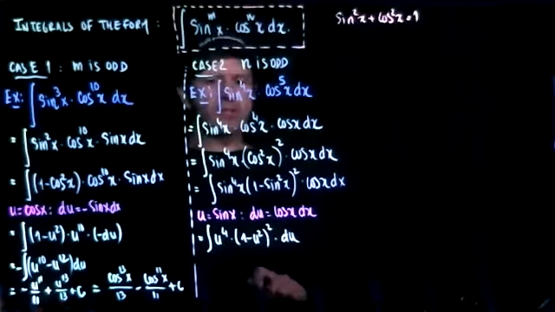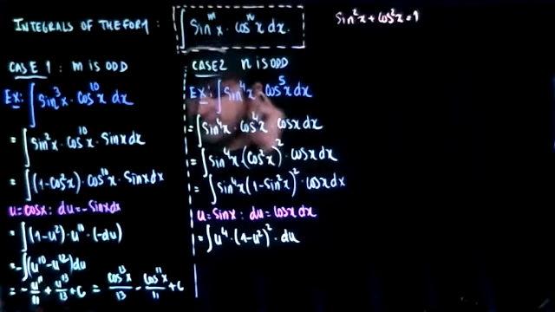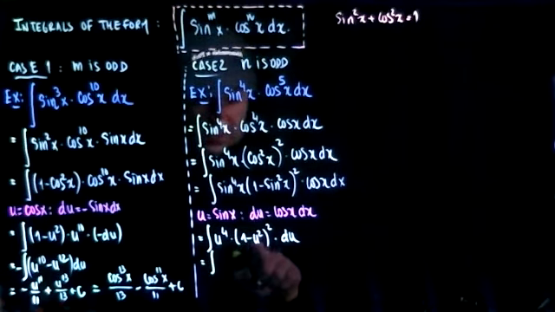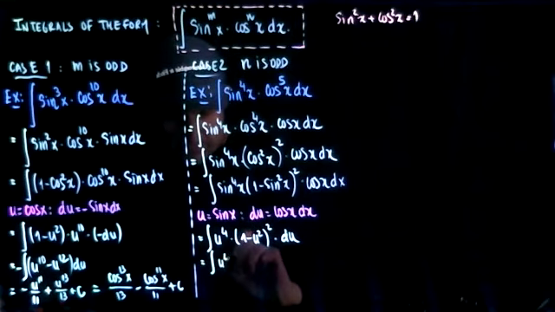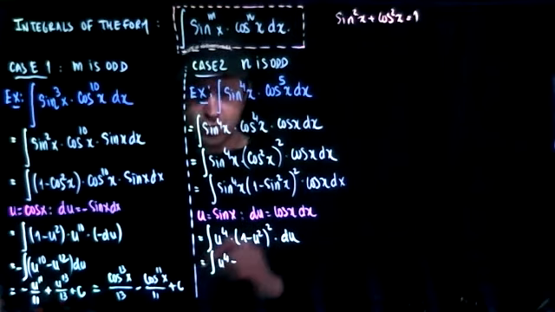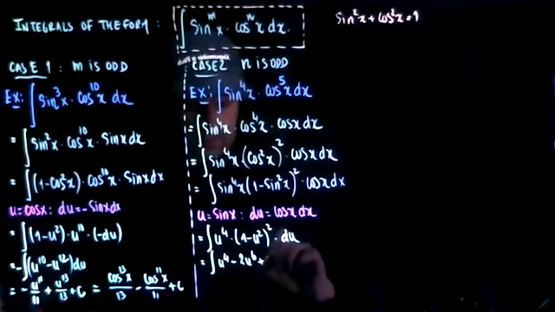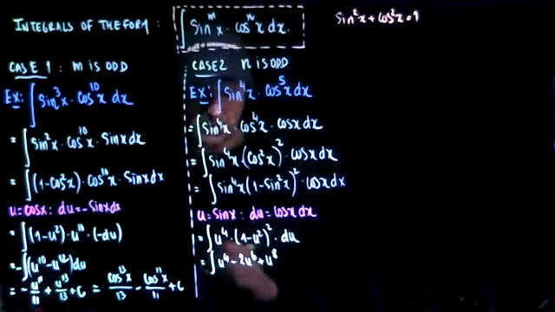And that's a very easy integral again. So let's do it. Multiplying everything out, this will be the integral of u^4 minus 2u^6 plus u^8.